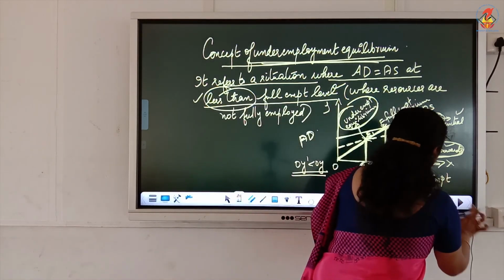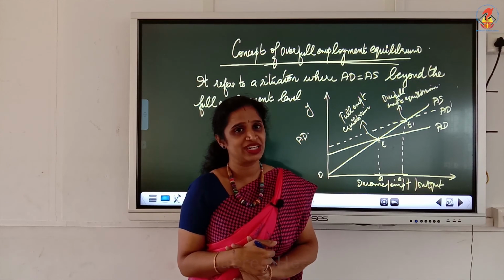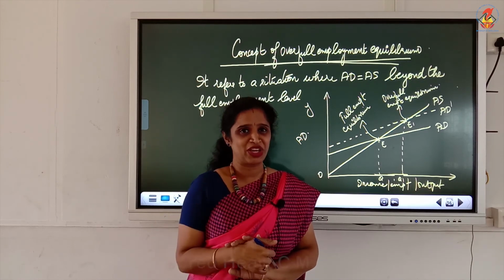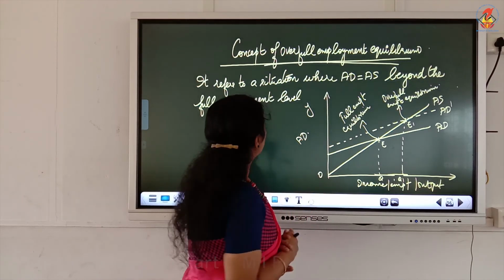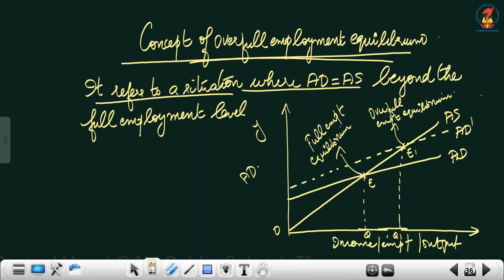Now we will move on to the next concept, the concept of overfull employment equilibrium. If it is overfull employment equilibrium, what has to happen? It should be just opposite to underemployment equilibrium. The economy should work at more than full employment level, right? Now let us see what that is. It refers to a situation where AD is equal to AS beyond the full employment level, that is, more than full employment level.